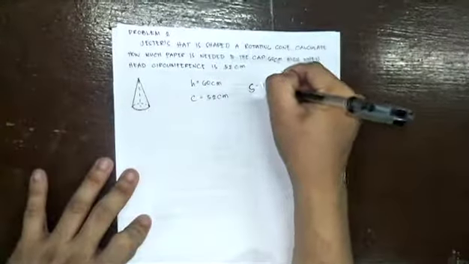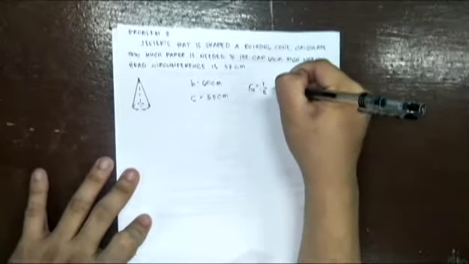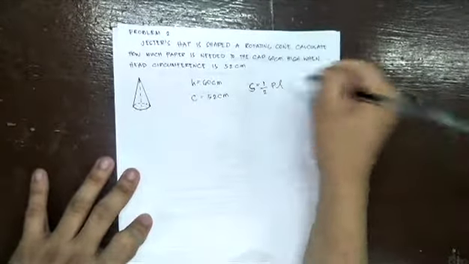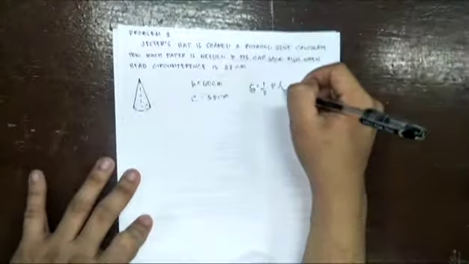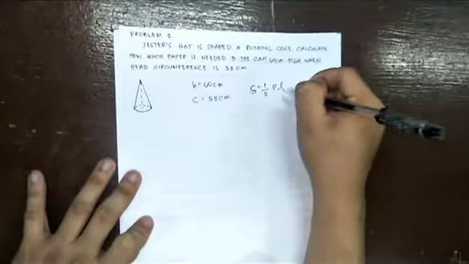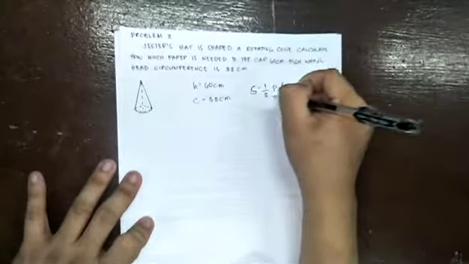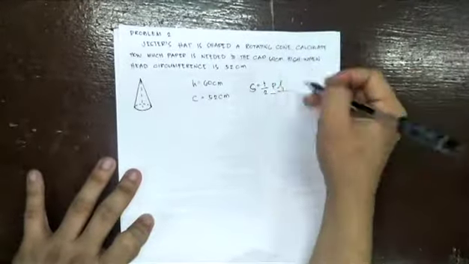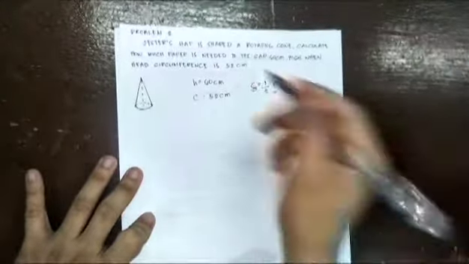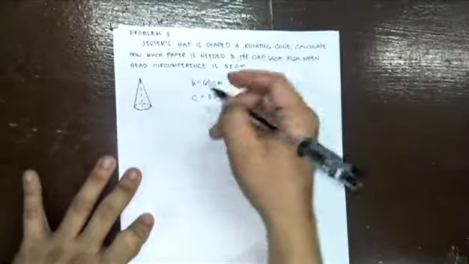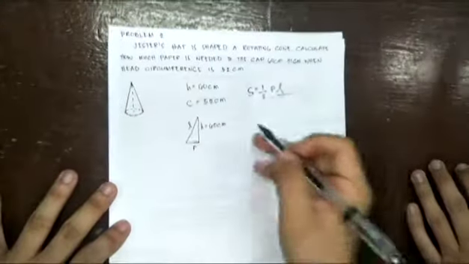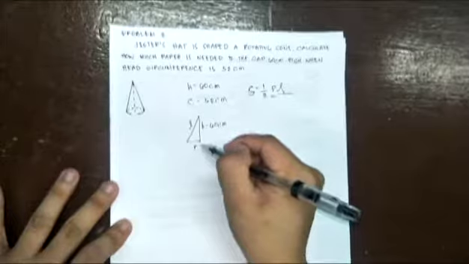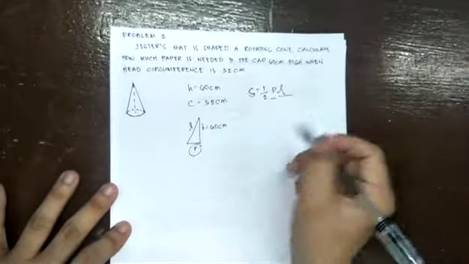The formula for the surface area is 1/2 times perimeter times slant height. The perimeter would be equal to the circumference of the cone, and we will have to solve for the slant height. But before solving for the slant height, we will have to divide the cone into right triangles. For our radius, we will use the formula of circumference to get the value for the radius.